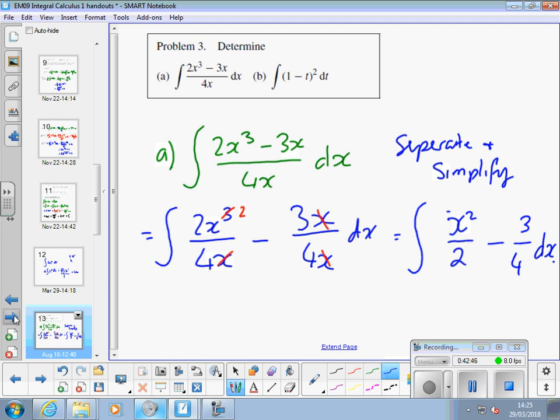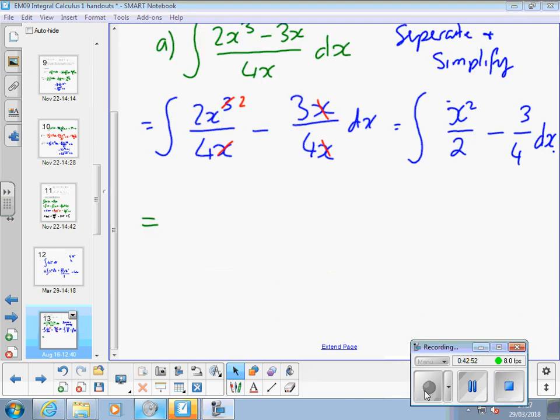Can we integrate that? I'm sure you can. So what's the process here then? We've got to integrate these two separately, subtract the second one from the first one. So what happens when we integrate x squared over 2?